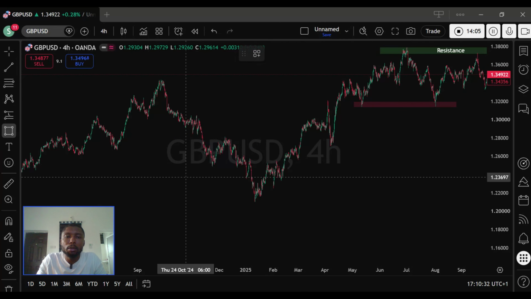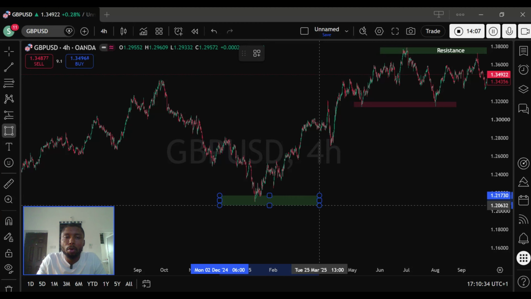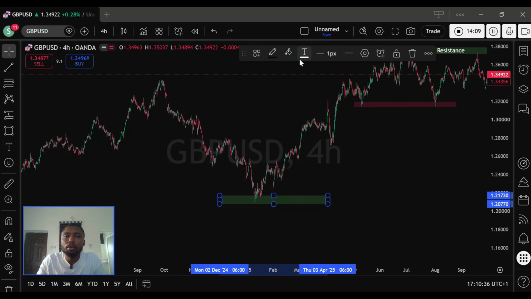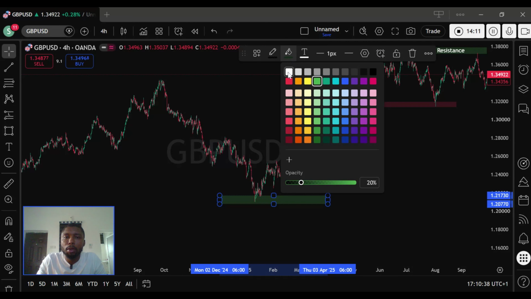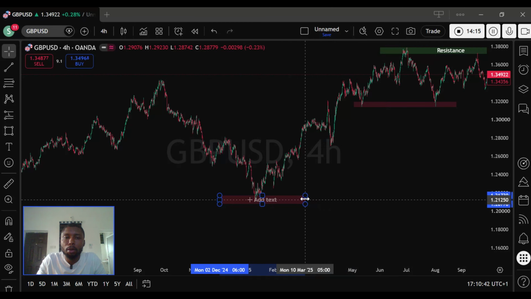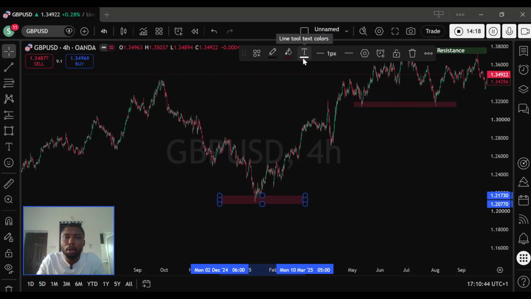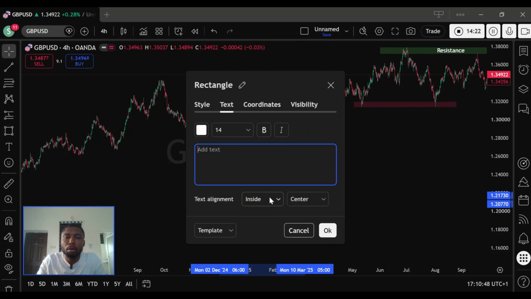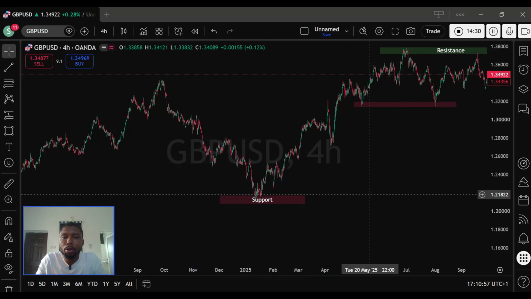Okay, so this is also a support. It's very easy. There's really nothing hectic about it. There's really nothing big about it. It's not a big deal, you know. So you can go to your own charts and just start marking your support and resistance levels.